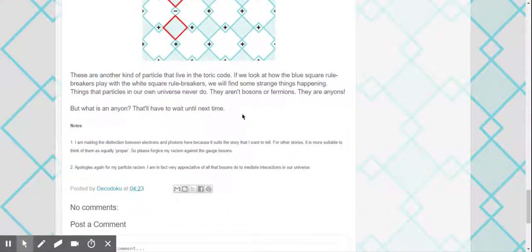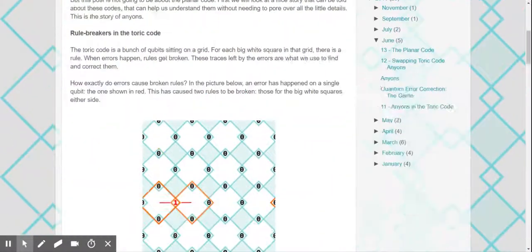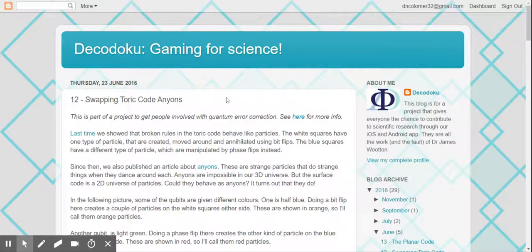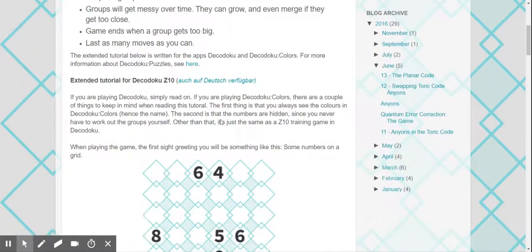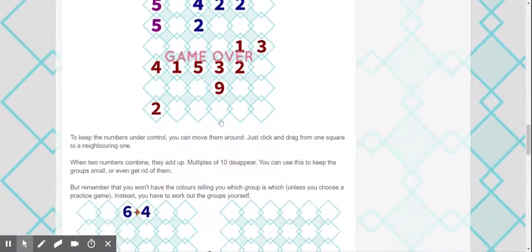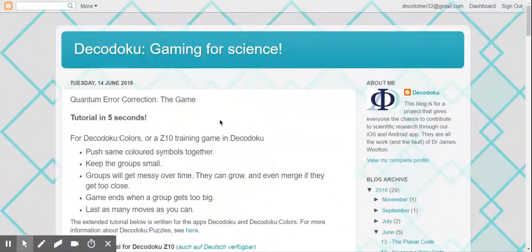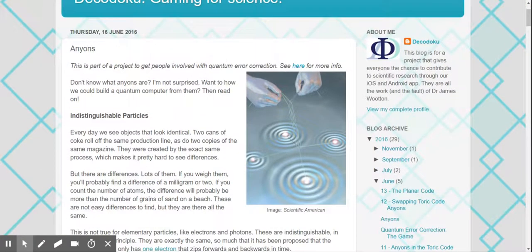Okay, then let's take a look. I wonder why these things are not linked. This is 11, so I'll just go to 12. I don't know if I should take a look at this. So here says whatever the game, which I have to take a look at. I kind of read this yesterday. Maybe I'll play with this a little bit. And then there's another blog with anyons.